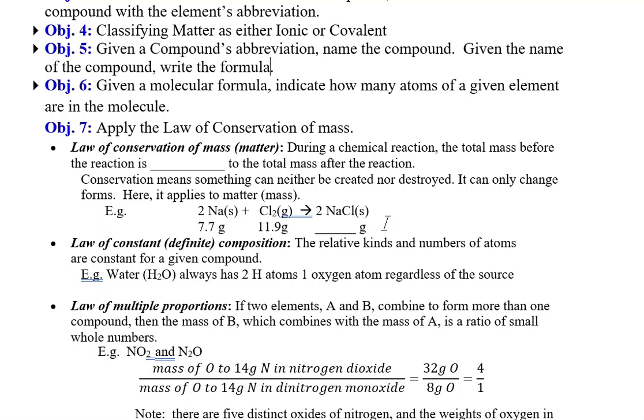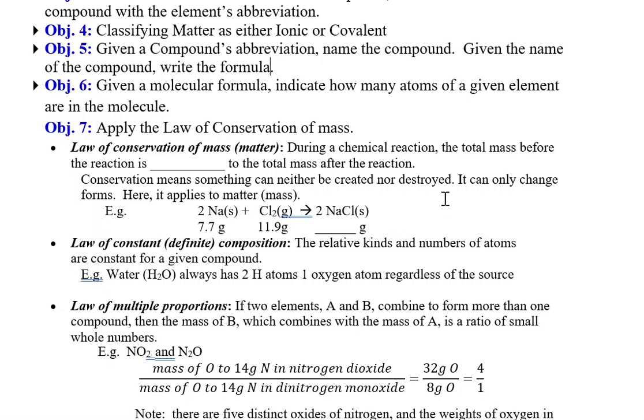Let's see if we can come up with the same number. 7.7 plus 11.9 is 19.6. And we can use all of those digits because 19.6 is good to the tenths, and both of those are good to the tenths. So we're even following our significant figures rule.